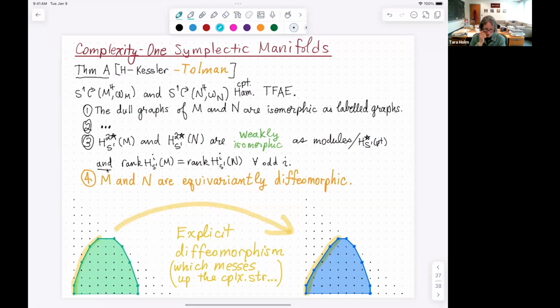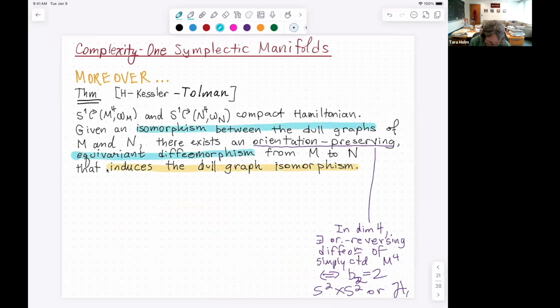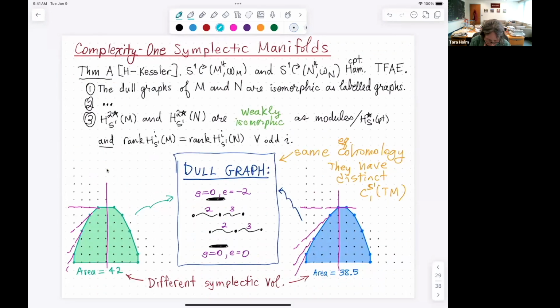Right. So for this example, let me go back to the dual graph isomorphism. What basically happens is about the only isomorphisms of the dual graph that you can have. In the decorated graph, these chains of edges are oriented. So it's connected at the top on one side and to the bottom on the other.